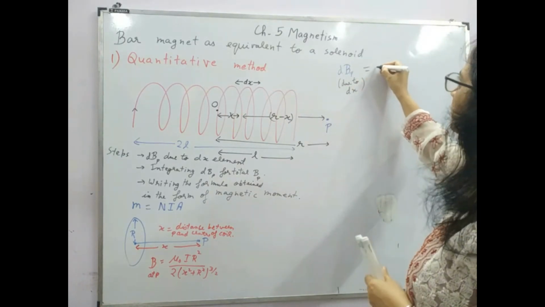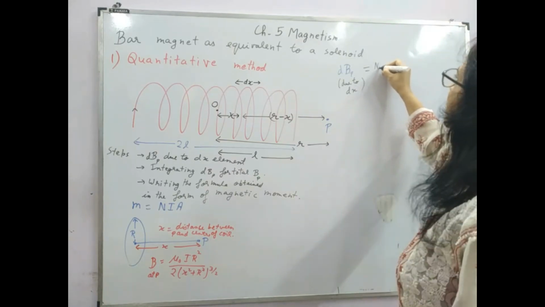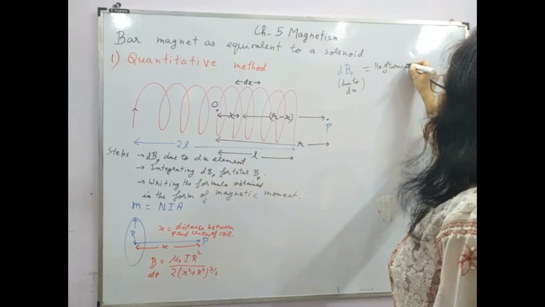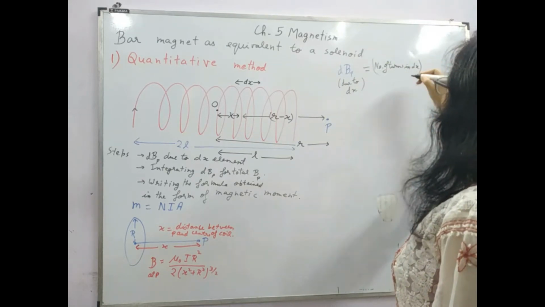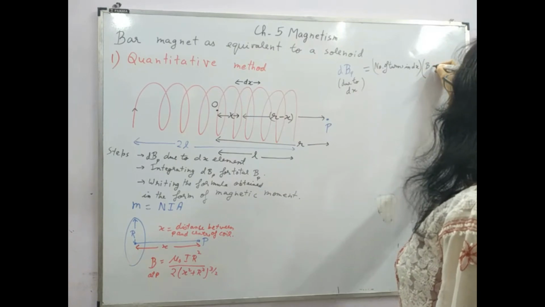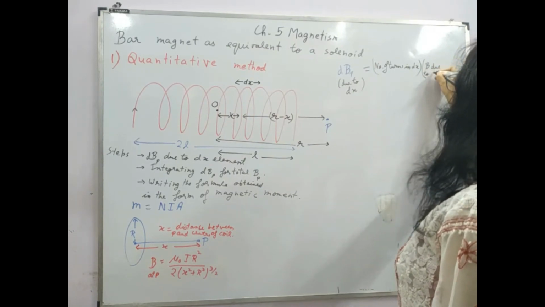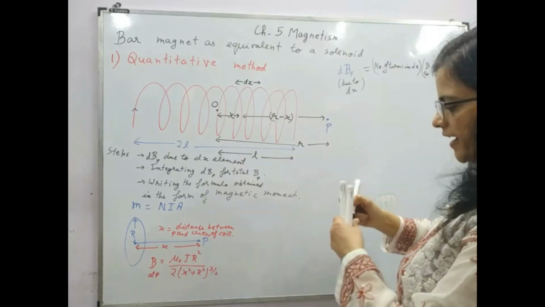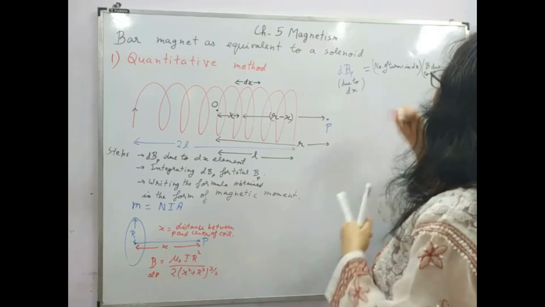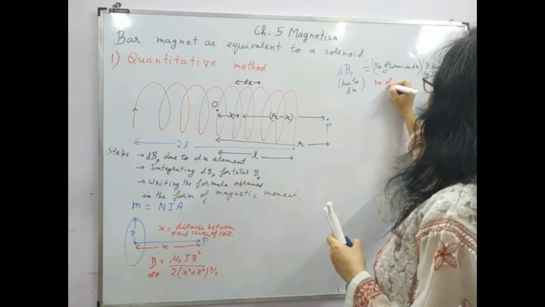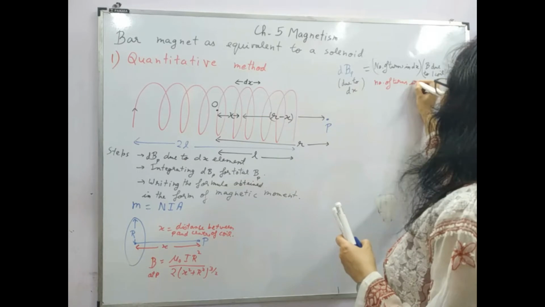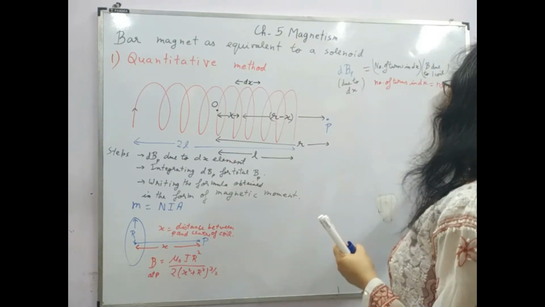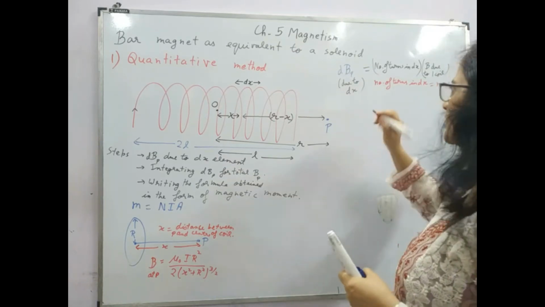So this will be number of turns in dx multiplied by B due to one coil, right? So this gives me number of turns in dx will be equal to number of turns per unit length into length of the dx element.